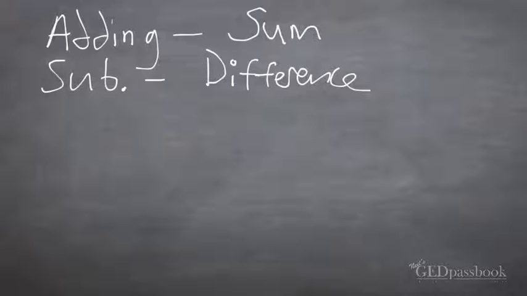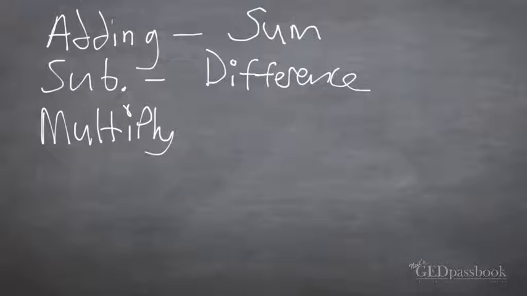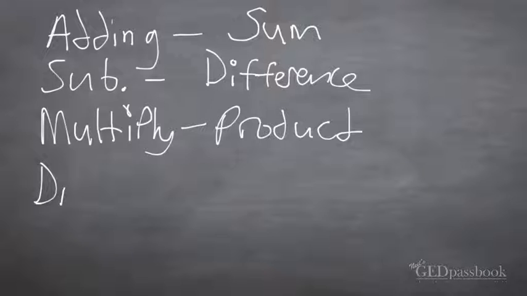And then came Monday. What did we do on Monday? Multiply. What was the key word for multiplying? Product. And yesterday we did division, right?